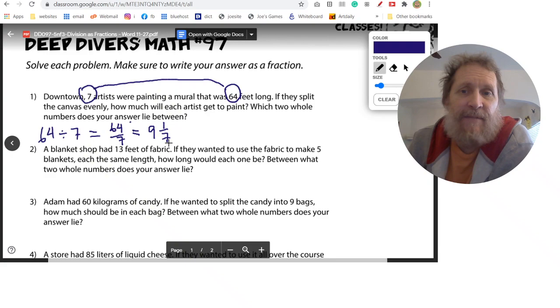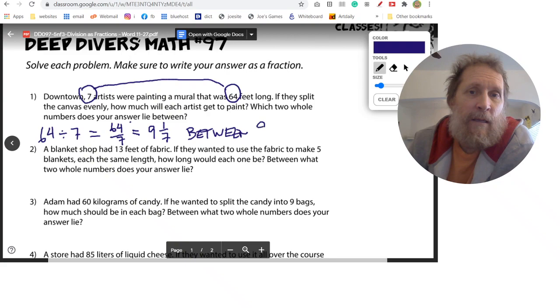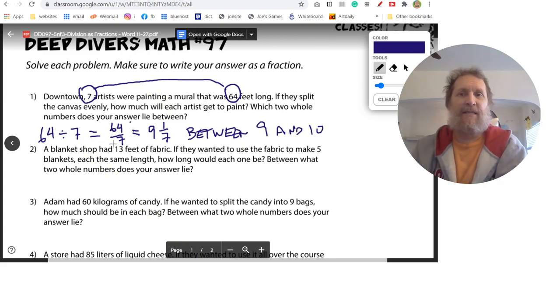Bottom times side plus top. 7 times 9, 63 plus 1, 64. Sure enough, that's 64 sevenths. So these 2 things equal each other, and then that means that it's between 9 and 10.